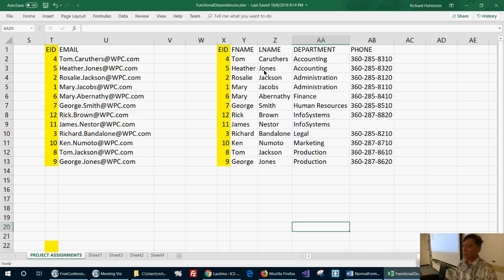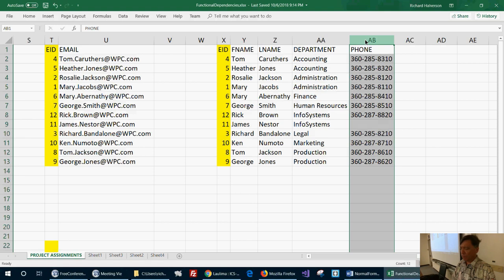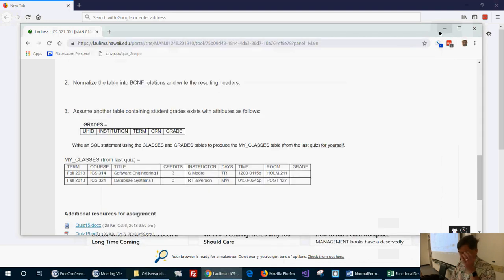Same with third normal form and BCNF. If something is in third normal form and only has a single attribute as the key, in other words, it doesn't have a composite key, then it's automatically in BCNF.